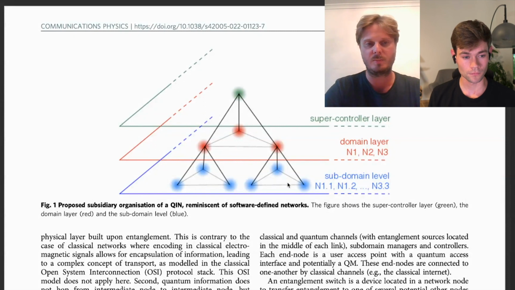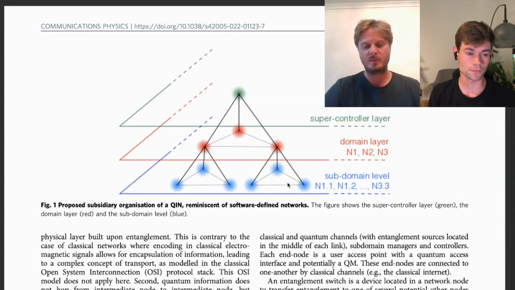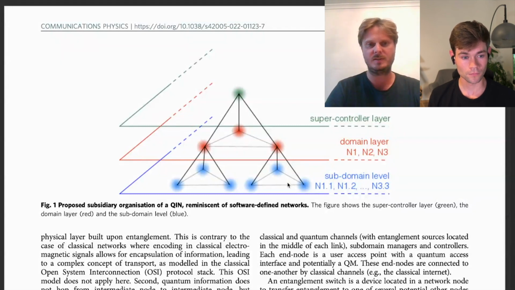Because in a quantum information network, keep in mind that you have a lot of equipment, quantum devices and classical devices, and they all have to work together. If you think about what is happening in Europe, France and Germany for instance, you have to synchronize many networks with ground networks and space segment. You have to define who will do what and when. So you need an architecture for this.